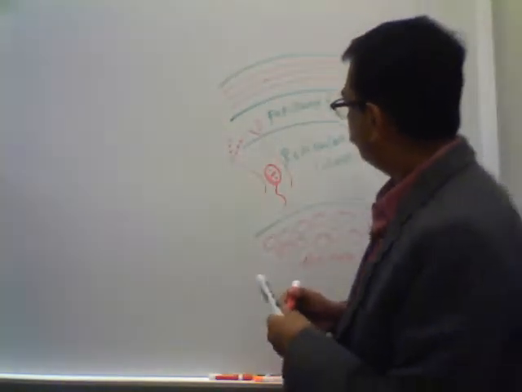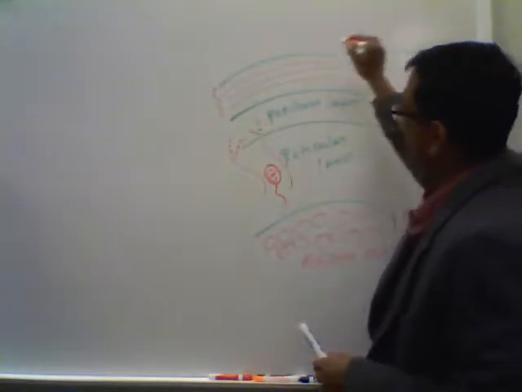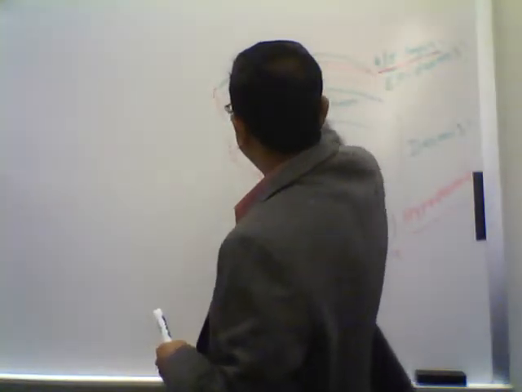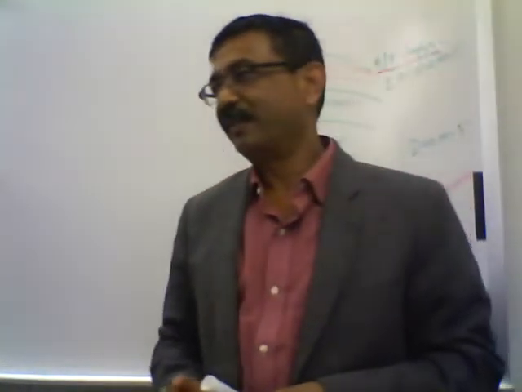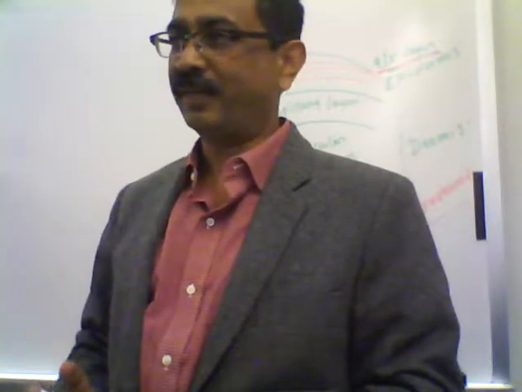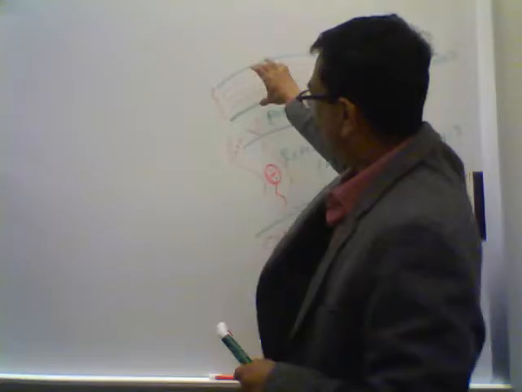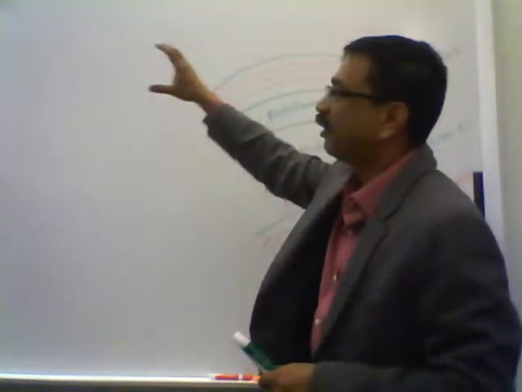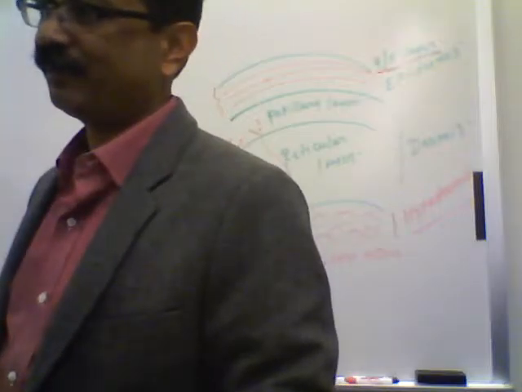Now, in the epidermis, you have 4 or 5 layers, and those layers are formed by cells. Those are cellular layers. Most of the cells we see in the epidermis are simple squamous.